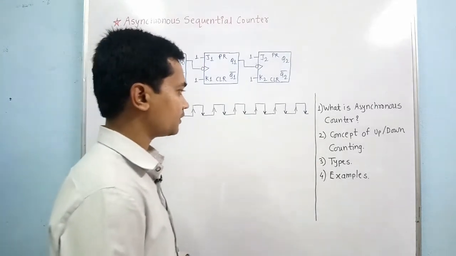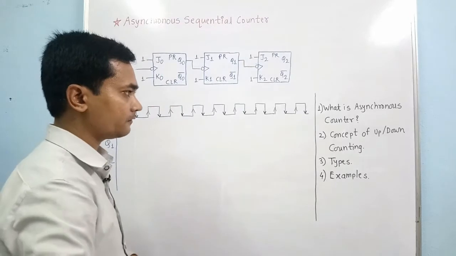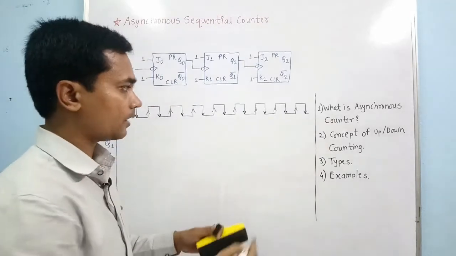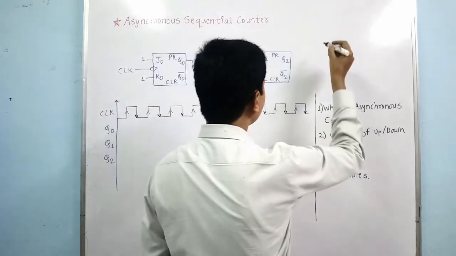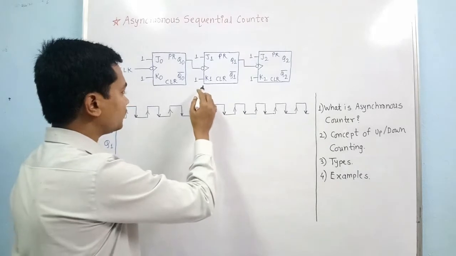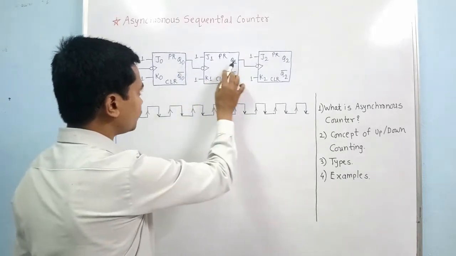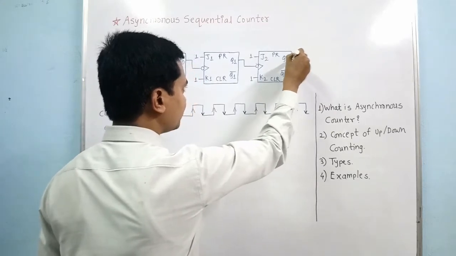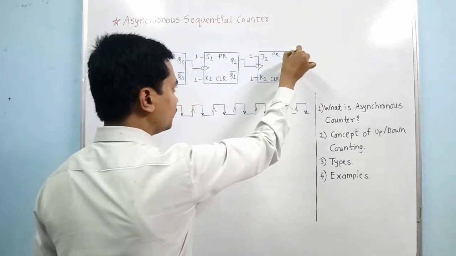First of all we will see the basic difference between up counting and down counting. Up counting means, suppose this is a 3-bit counter, because normally we take the outputs Q0, Q1 and Q2 here.